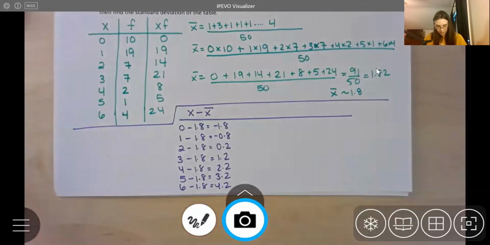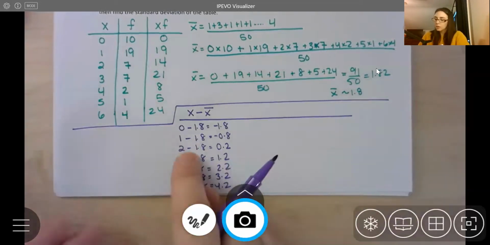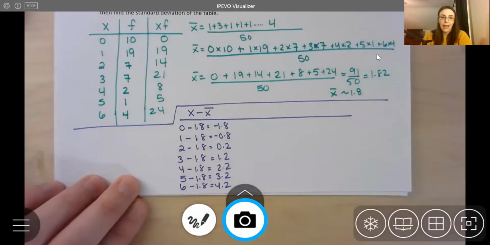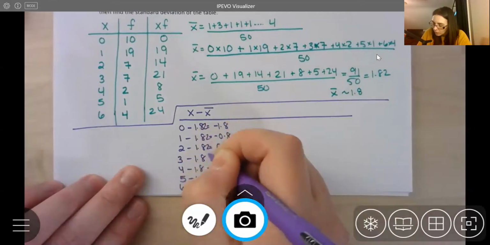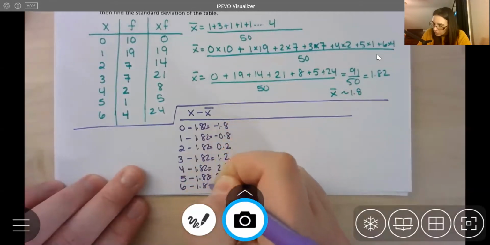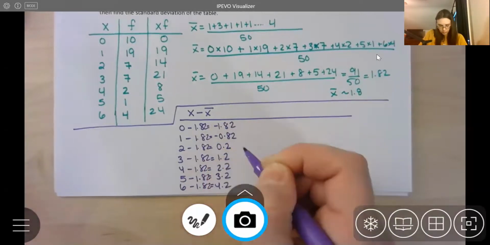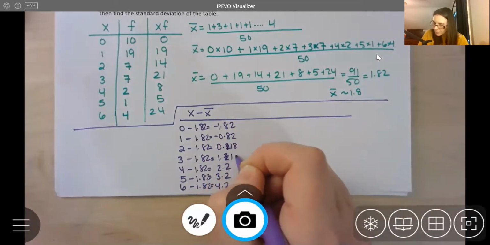So my first step is to still find that subtraction with the mean. Now I'm using the rounded value here. You could also use the original value, which would maybe be a little bit more accurate. So if I wanted to use that 1.82, then this would be negative 1.82 here, and I'd have 0.18 at the end instead of 0.2.